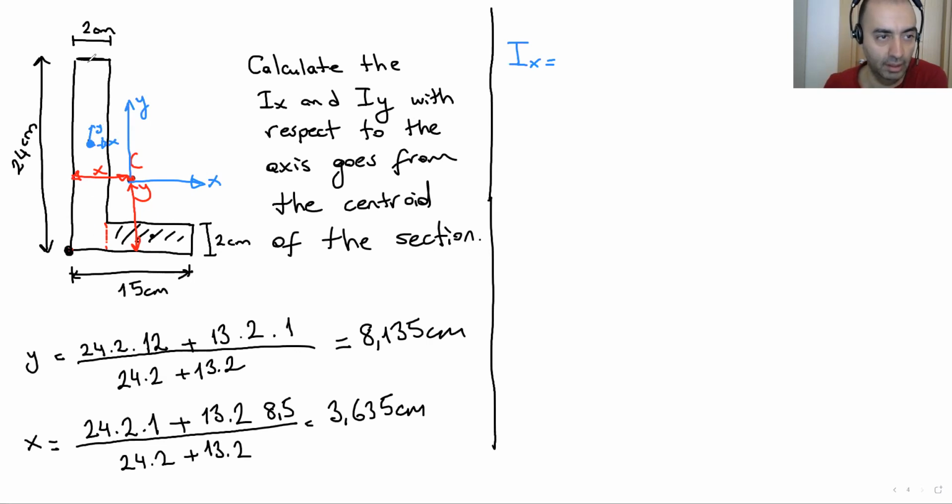Let's write it here. 2 times, okay, 2 times this. This is the moment of inertia of this rectangle. And what was the parallel axis theory? We add this one. Area times the distance between two parallel axes. Okay, area is here.